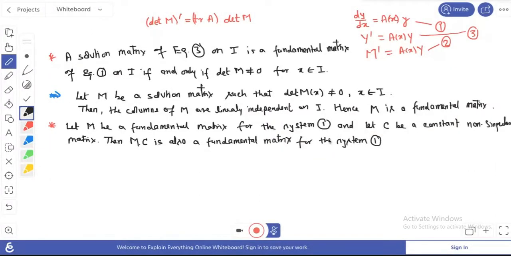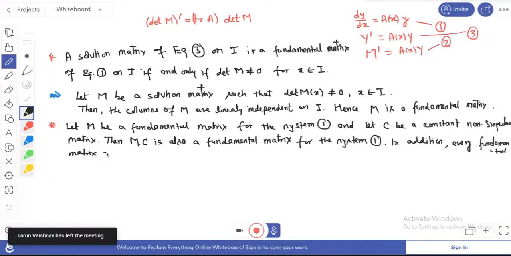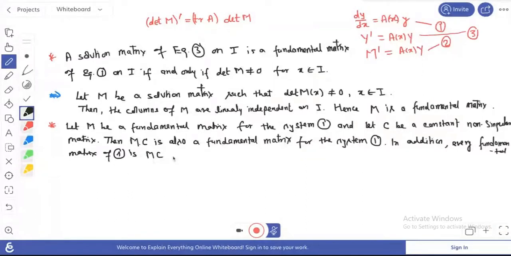Okay, or you can say that in addition to that, every fundamental matrix of equation 1 is MC for some non-singular matrix C. Okay, this means you have to prove that if M is the fundamental matrix and C is any constant non-singular matrix, then this M into C is also a fundamental matrix.